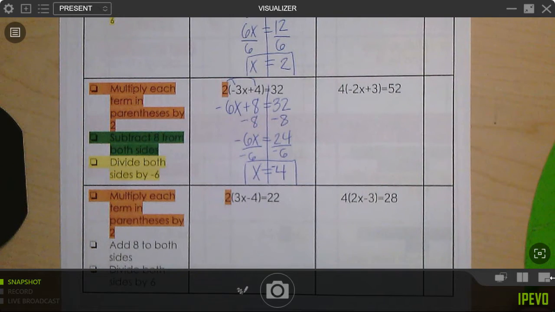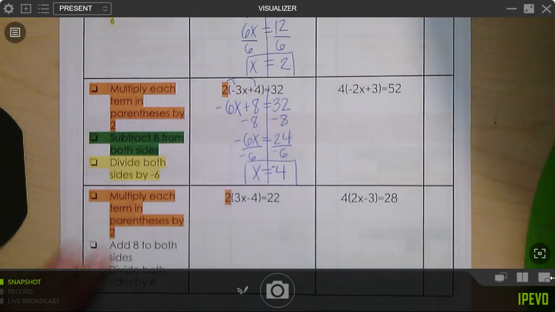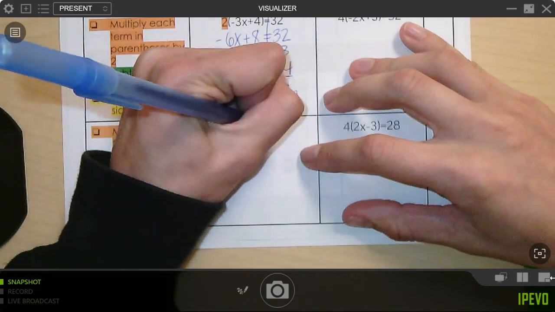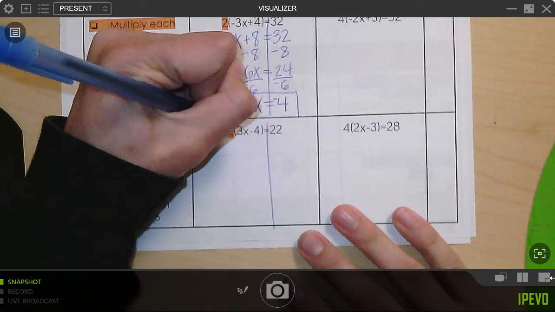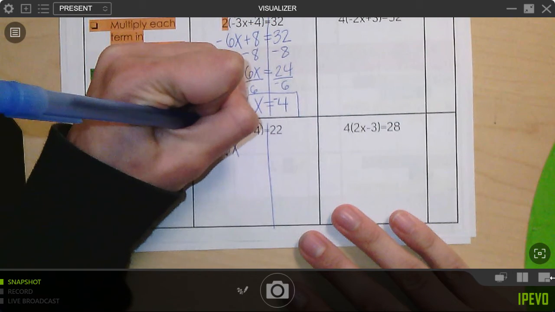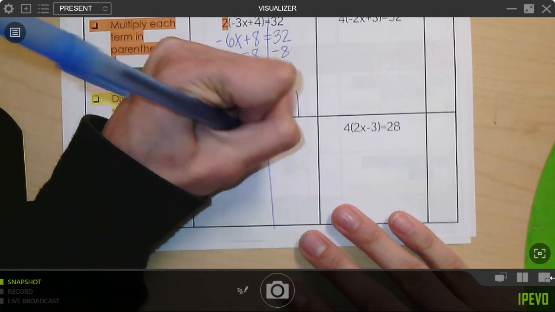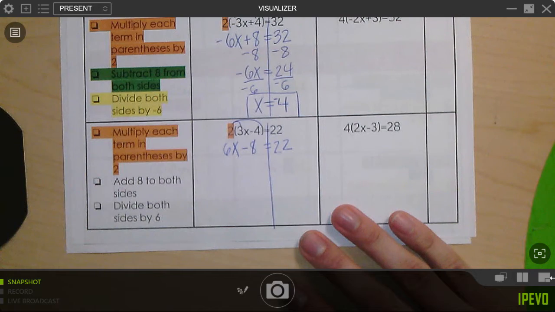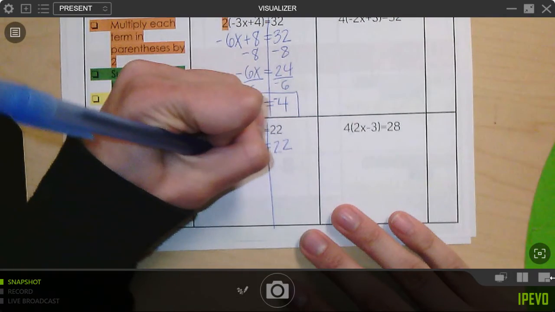Okay, make sure you copy down that entire example. All right, next one. Again, we're going to perform distributive property. 2 times 3x is 6x. 2 times negative 4 is negative 8 equals 22. Now we're going to add 8 to both sides.